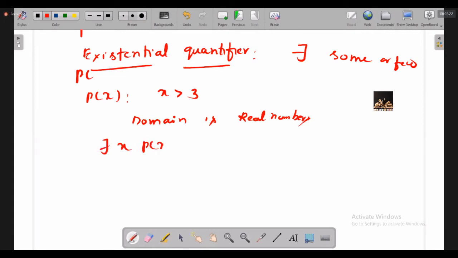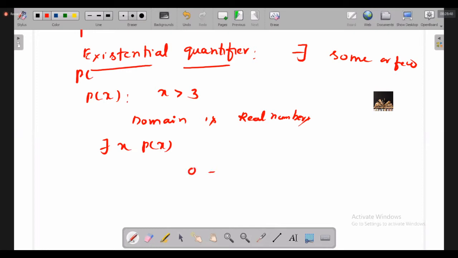Is it true or false? There exists x, P of x is true when not all, but at least one is true. If all are true, it is false. If none are true, it is false. If at least one or a few are true, it becomes true. Here x greater than 3, real numbers.